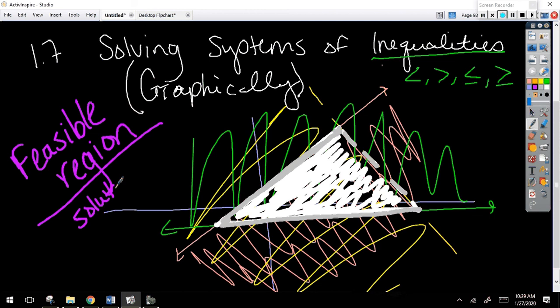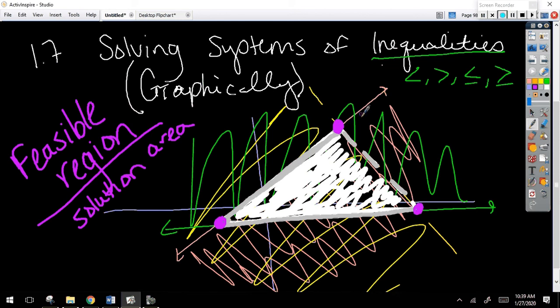A lot of times our solution areas have these endpoints here. What do you call these little points on a triangle? Corners. Vertices.